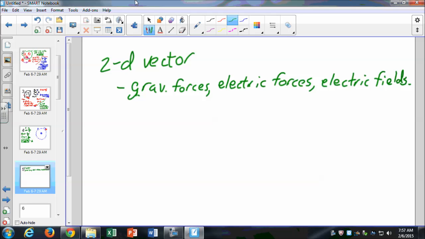The only difference, of course, is finding the magnitude of the forces. So for the gravitational forces, if I have 3 masses all together, I would find the magnitude by Newton's universal law of gravitation, that's G m m over r squared. The electric forces, I would use Coulomb's law, and electric fields, I use that kq over r squared.